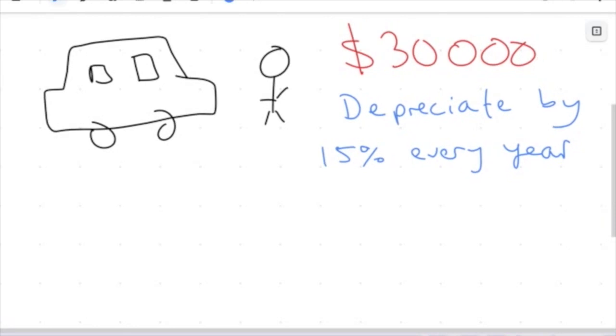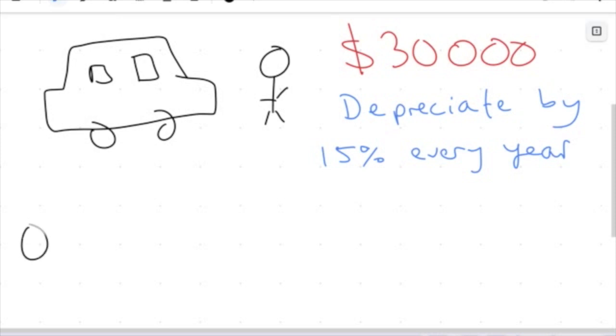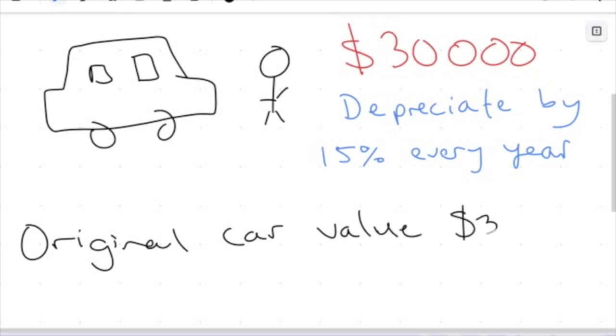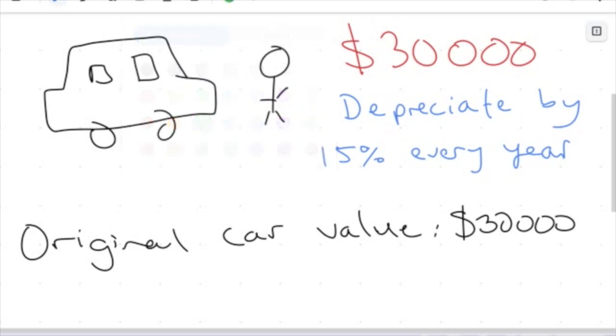Now, if I were to ask you a question of, say, by how much would this car depreciate in 1 year? Well, that's pretty easy. We can just say, okay, the original car value, this $30,000, makes up 100% of the total price.